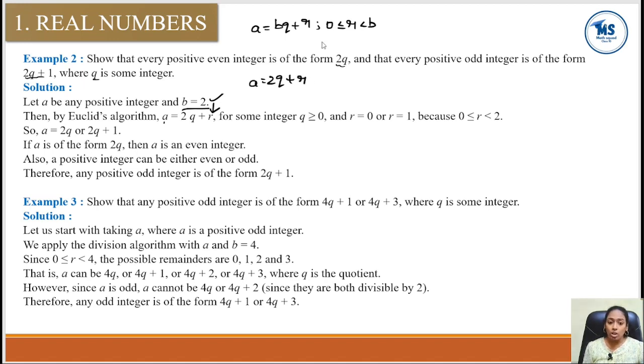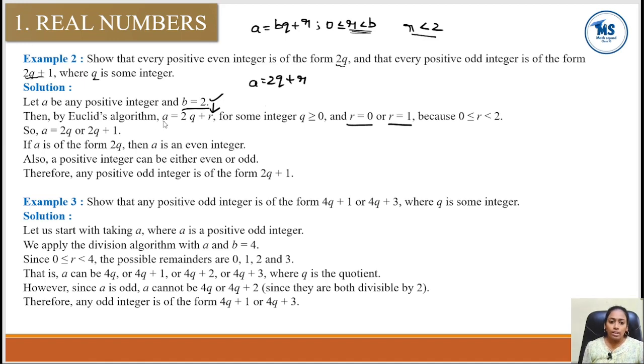We know the condition on r: r must be strictly less than b. Here b = 2, so r must be less than 2. Then the possible values of r are r = 0 or r = 1. r can never be 2 because r is less than 2.